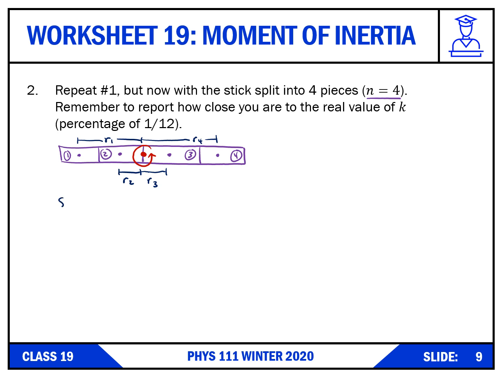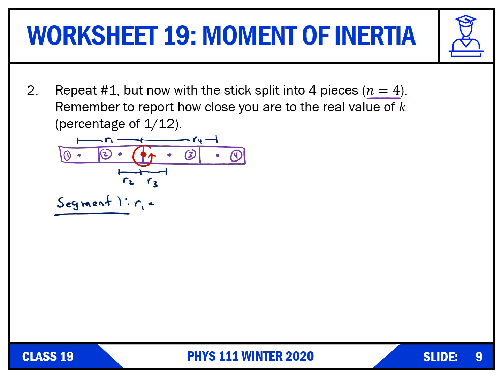So looking into each segment, I have segment 1, R1 is going to be equal to, we know the total length is L, so this is in quarters, which means we have L over 4 going into each end of the segment, but we want halfway points between the segments, so that means it's L over 4 divided by 2 to get to the center point.